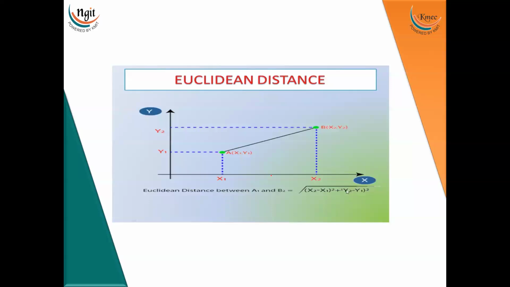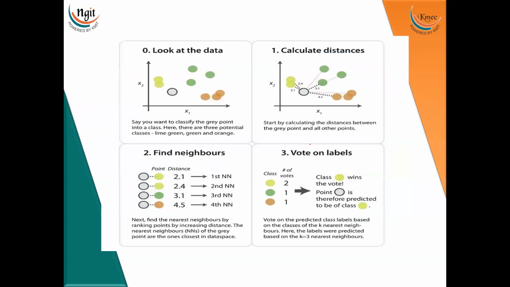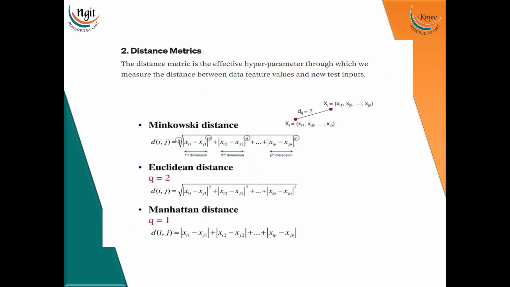I already told you about the Euclidean distance, how we find the distance between two coordinates in a given plane. And the same example shows how we take the k nearest neighbors. These are the different metrics for finding the distance between the data feature values and the new test inputs: Minkowski, Euclidean, and Manhattan.